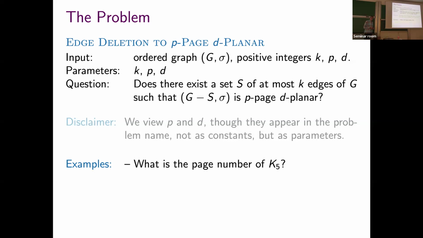What's the page number of K5? 2. Who needs more? 4. Sure. Who is asking for too much? 3. Why not 2? Because 2 half planes give you 1 plane, and then you would have drawn K5 without crossings.